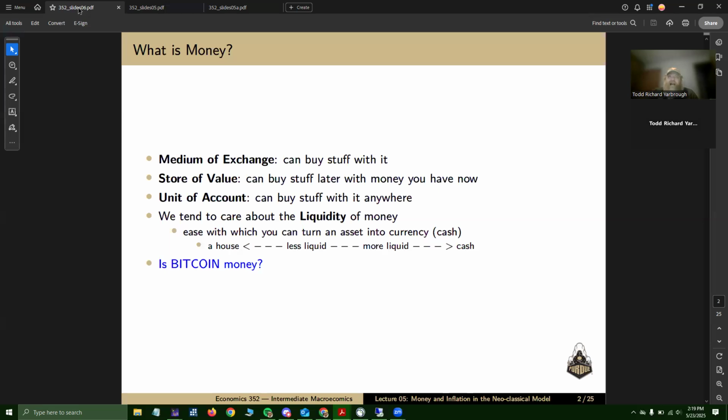Now, obviously, at times there are assets such as Bitcoin or other currency-like things that maybe can behave like money or have money-like characteristics. But for something to be considered money, it really needs all three of these particular characteristics.